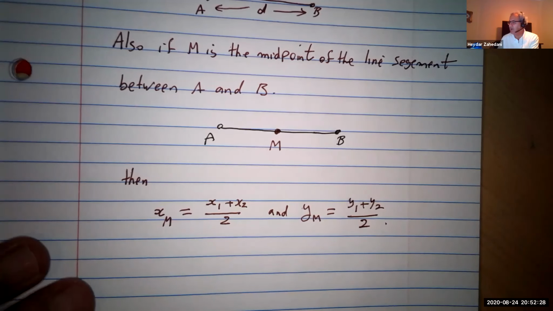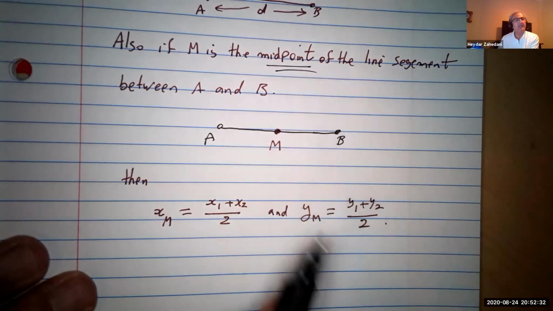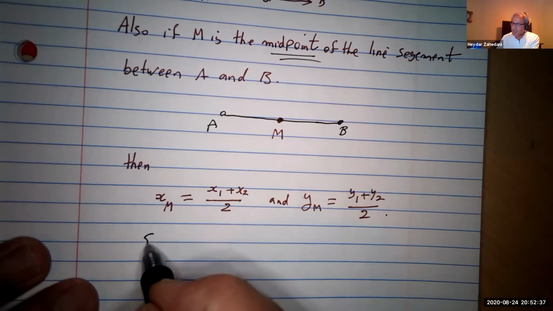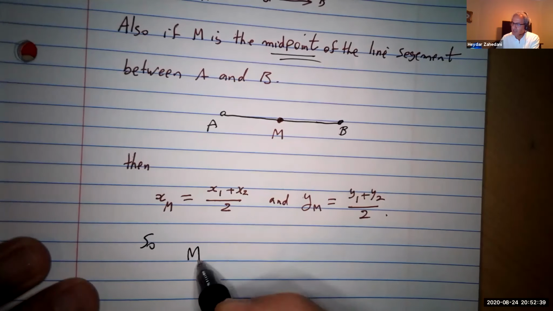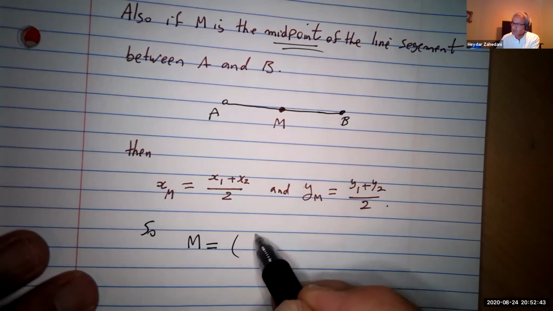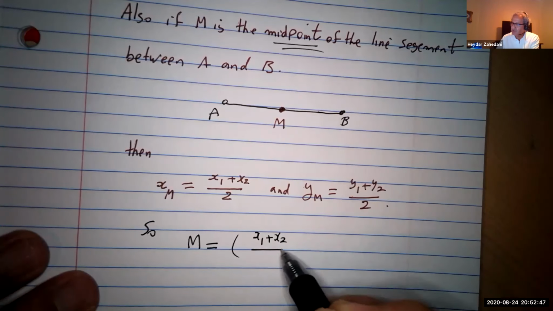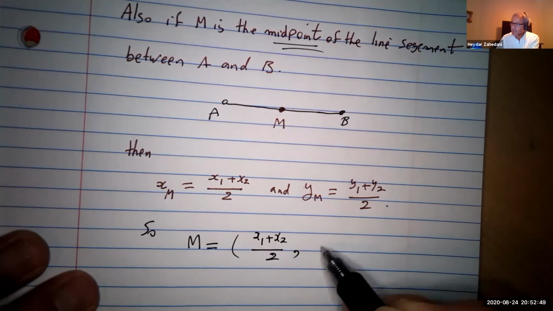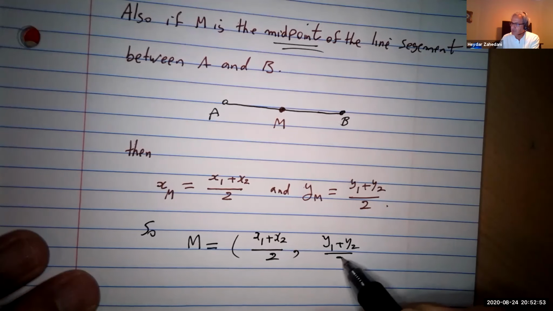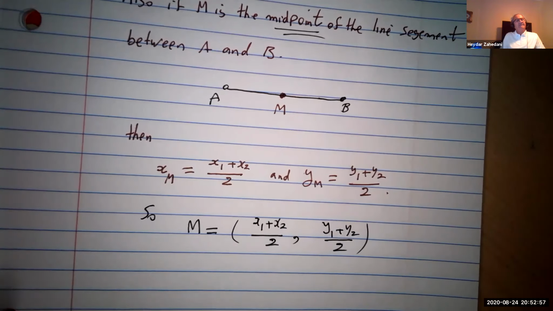That's the one we call the midpoint formula in algebra. So basically, the coordinates of M are: the x coordinate is x1 plus x2 over 2, and y1 plus y2 over 2 is the y coordinate.